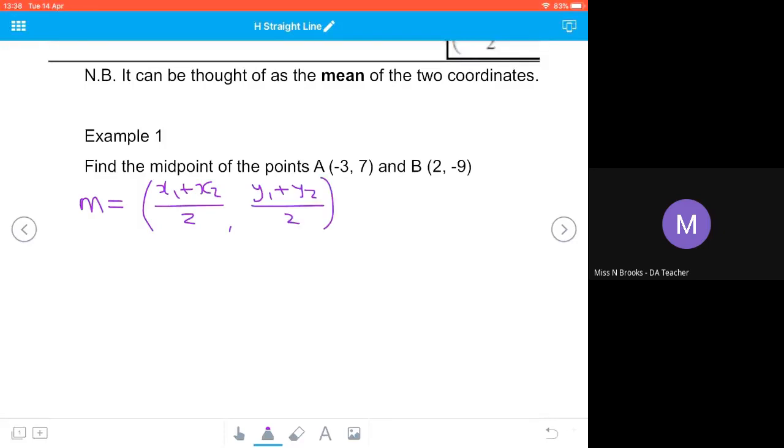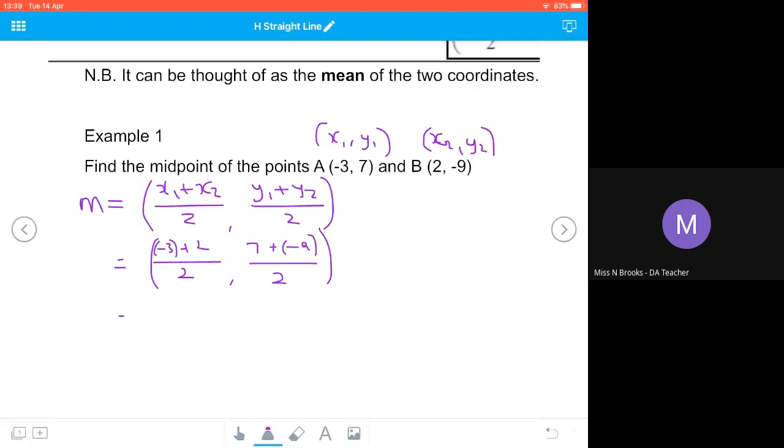Now, if we choose coordinate A to give us our x1 and y1 values, and coordinate B to give us our x2 and y2 values, then we can substitute them into our formula. So x1 was -3, and we're going to add on x2, which is 2, and we're going to divide by 2, and y1 was 7, and we're going to add on -9, and again we're going to divide by 2.